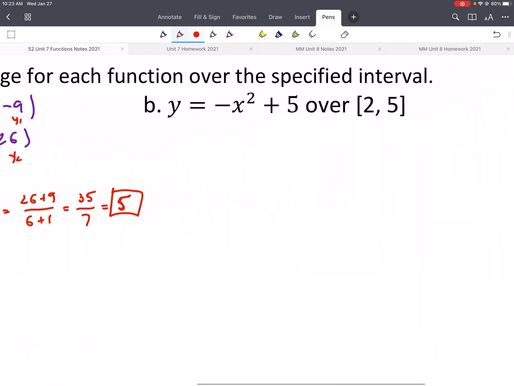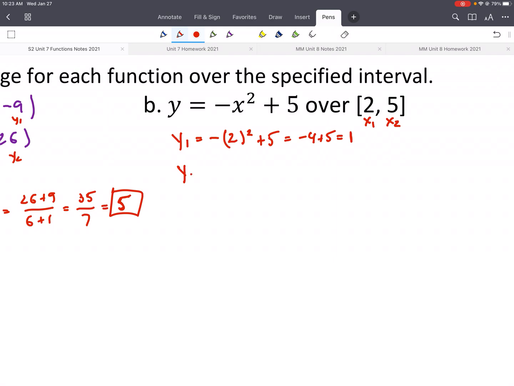Here's a quadratic. We kind of already did these before. We'll just do it really quick. So you can pause, give this a try, give C a try before you come back. So y1 here is going to be negative 2 squared plus 5, which is negative 4 plus 5 equals 1.